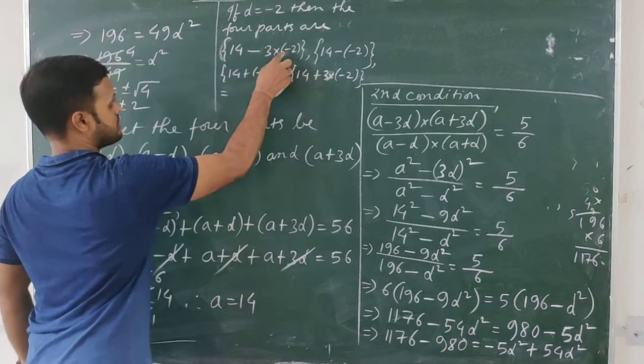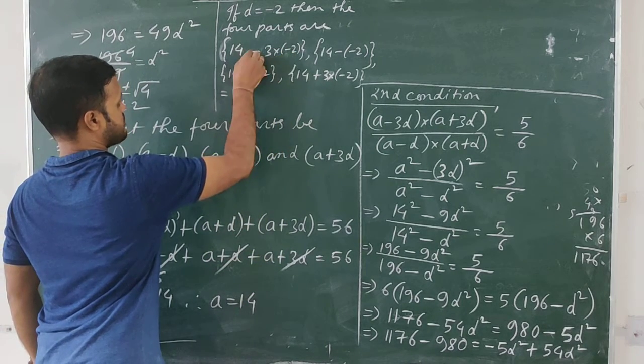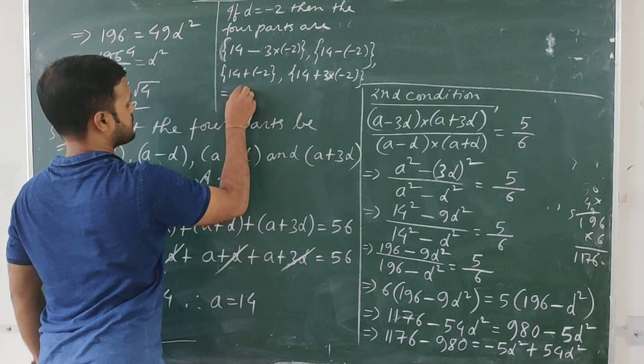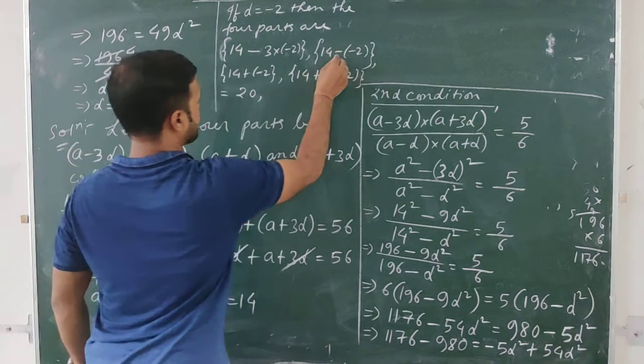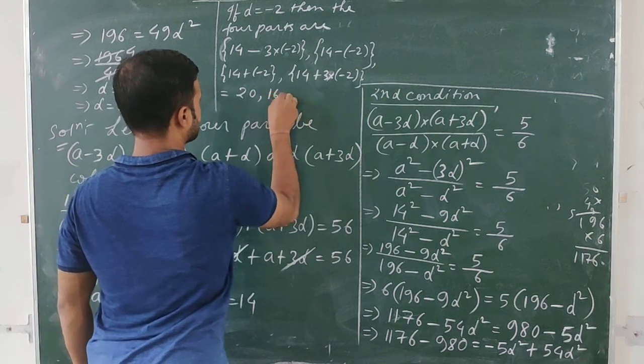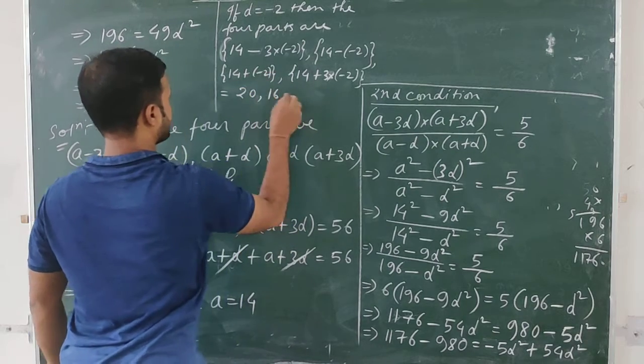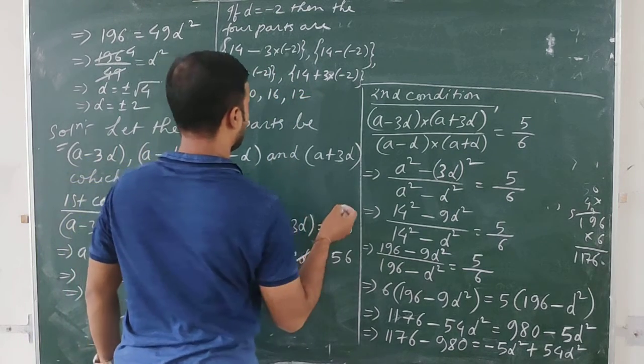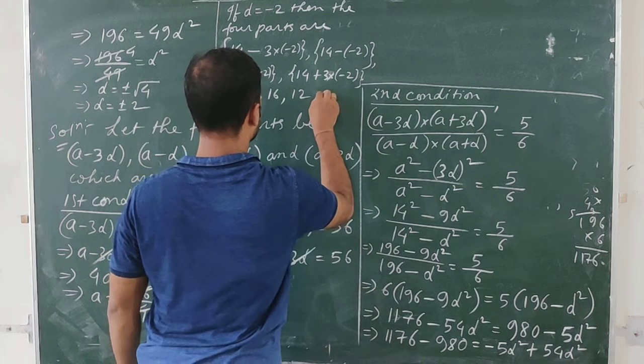So 14 plus 6 will be 20, 14 plus 2 will be 16, 14 minus 2 will be 12, and 14 minus 6 will be 8.